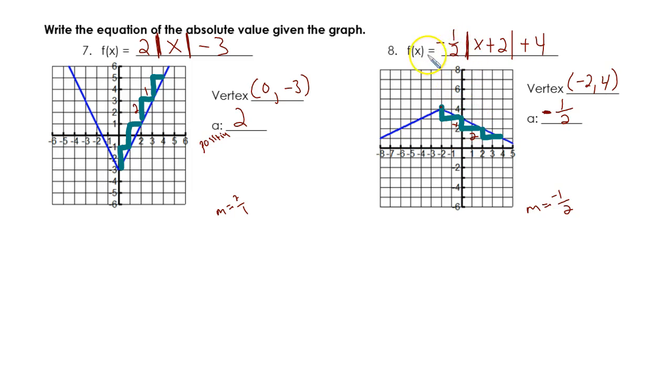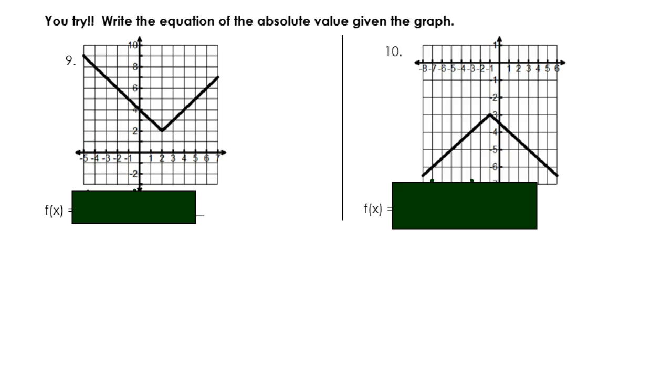So our final function is f of x equals negative 1/2 times the absolute value of x plus 2, close absolute value, plus 4.